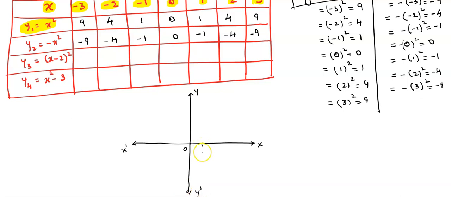Let me take the positives, positive 1, positive 2, positive 3 and positive 4. I am just showing you the basic steps. Then negative 1, negative 2, negative 3, negative 4, it goes on. Similarly on the y-axis, positive 1, 2, 3, 4, negative 1, 2, 3, 4.